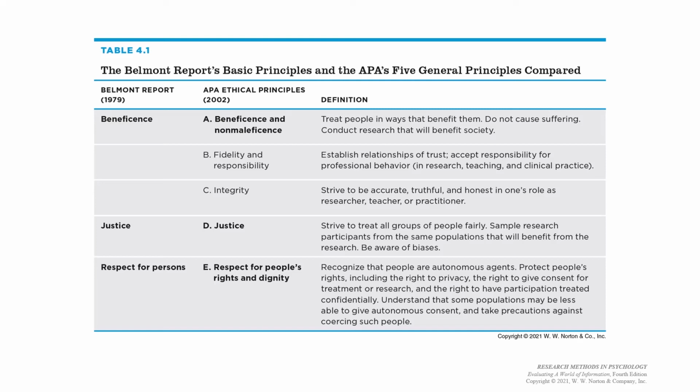You should build relationships of trust with your research participants and the other people you deal with professionally as a psychologist. And you should accept responsibility for professional behavior in research, teaching, clinical practice, and I would say other aspects of service. So that would include things like participating in the campus disciplinary board.